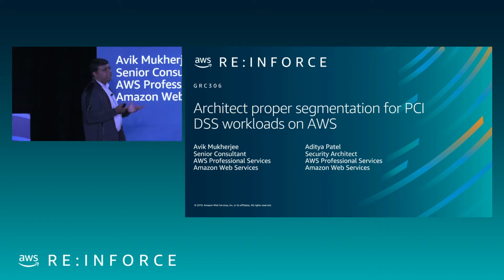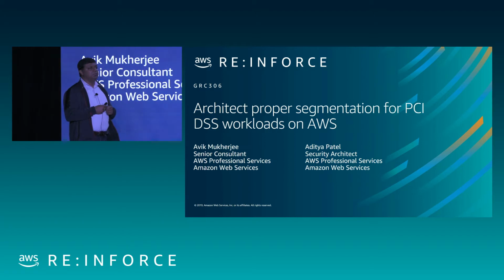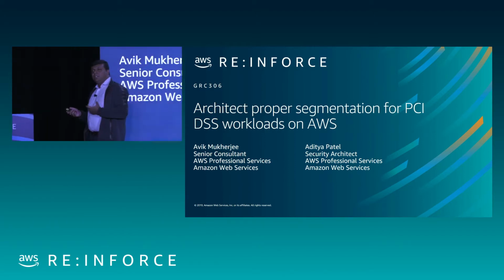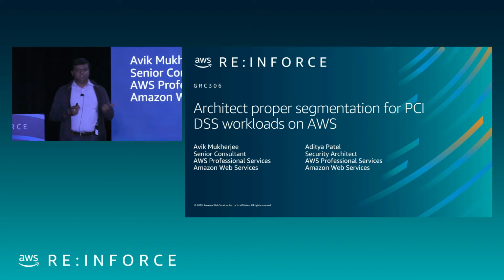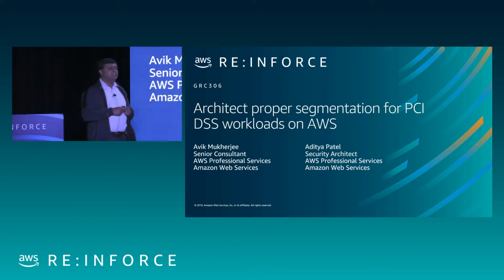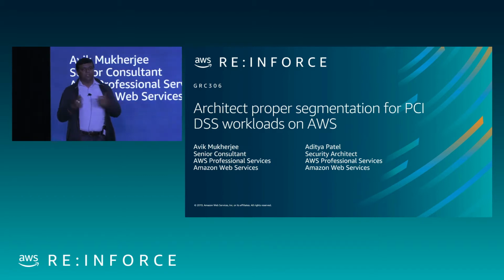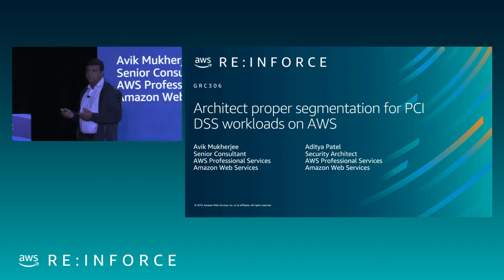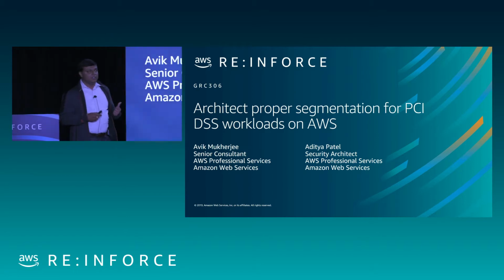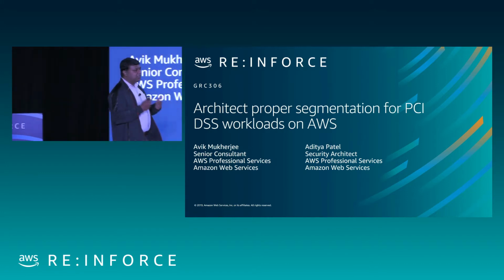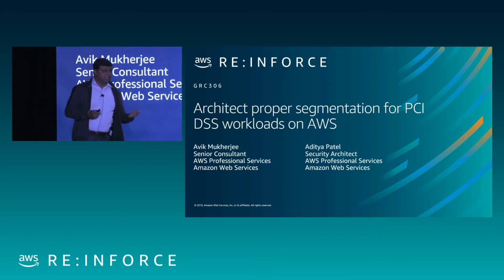During that part of my career, I interacted with many clients, and we saw that scoping and segmentation were two main interesting talking points that came up in every assessment or advisory engagement. And that is the exact topic that we'll be discussing: how to architect for proper segmentation with respect to PCI DSS on AWS.